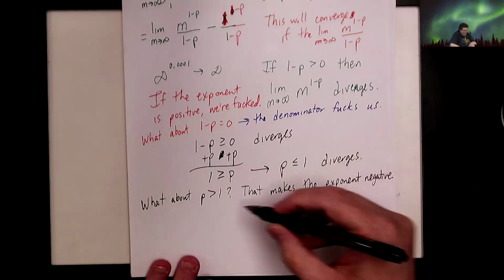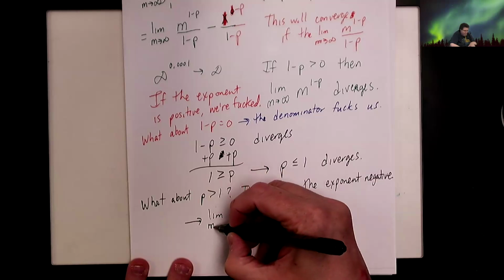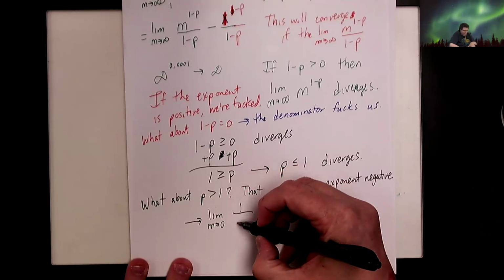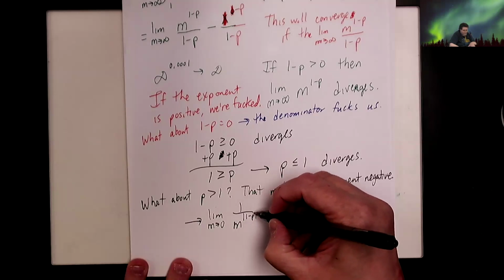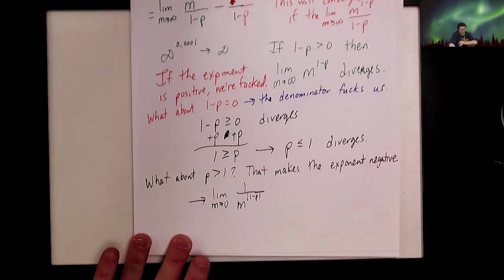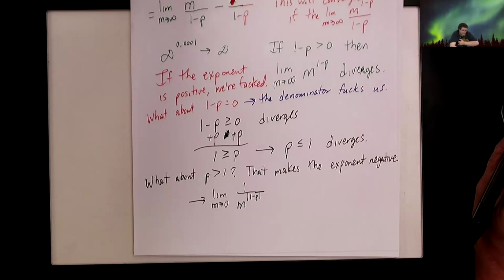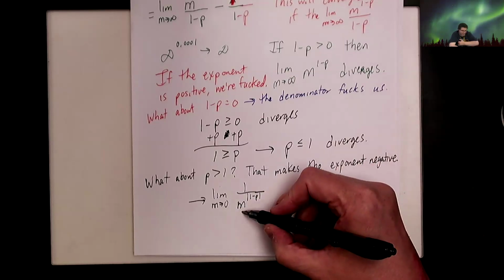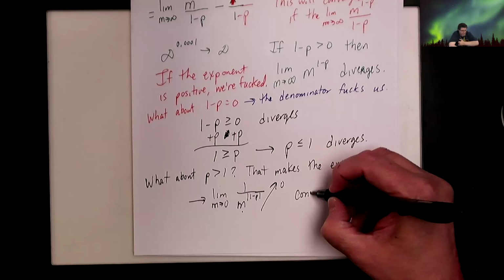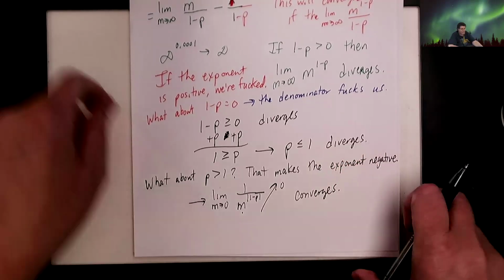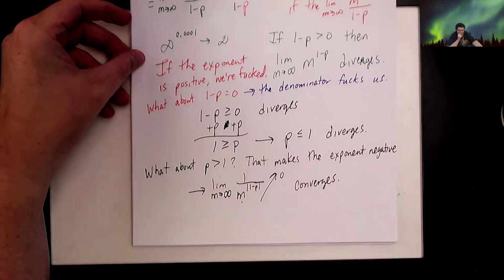One way of looking at that is that it turns into the limit as m goes to infinity of 1 over m to the absolute value of 1 minus p. We're making it negative, but I still want to show a number there. And this is blowing up to infinity, which means this whole thing goes to 0 and it converges. I keep writing 0.